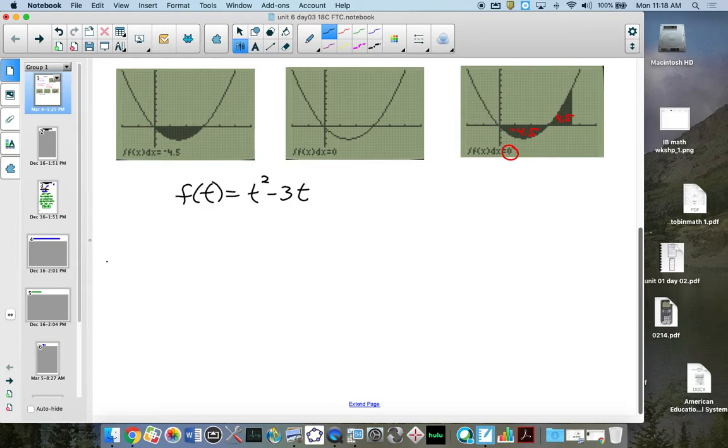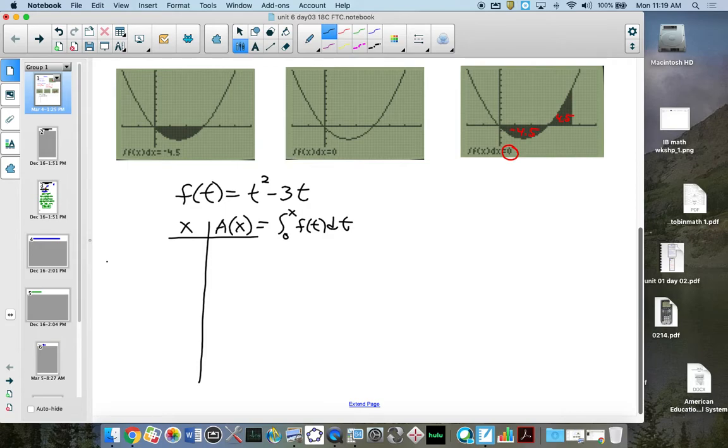And let's figure out, for a whole bunch of x values, the area. So let me make a big table here. Let's say x, A of x. And remember, A of x was defined as the integral from 0 to x of f of t dt.